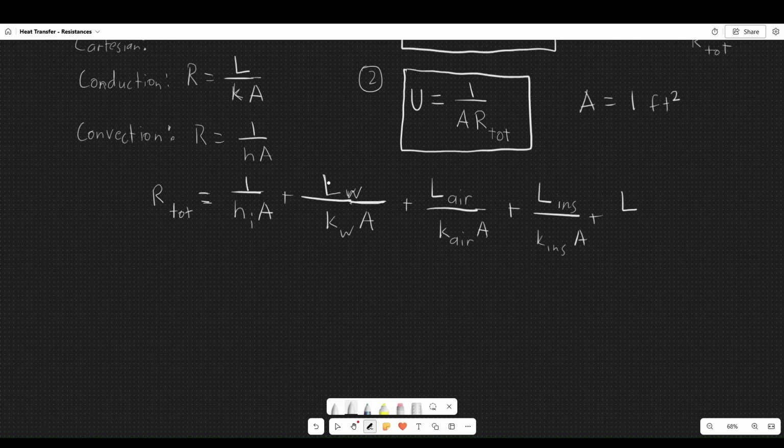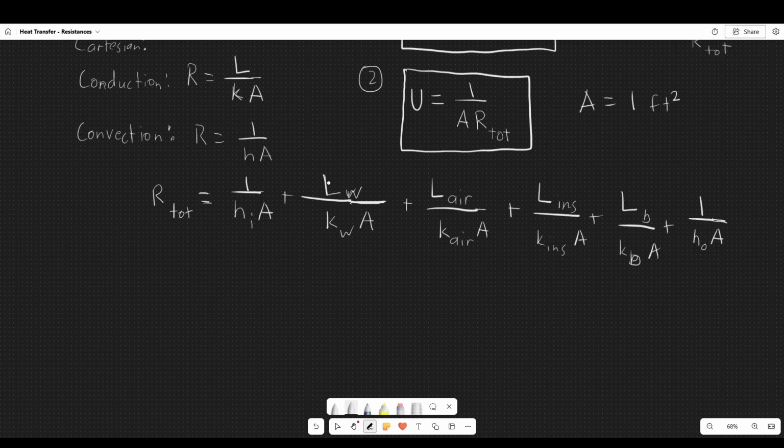And then we have the brick. And then we have 1 over H naught A. Perfect. So this is our total resistance if we look at this.